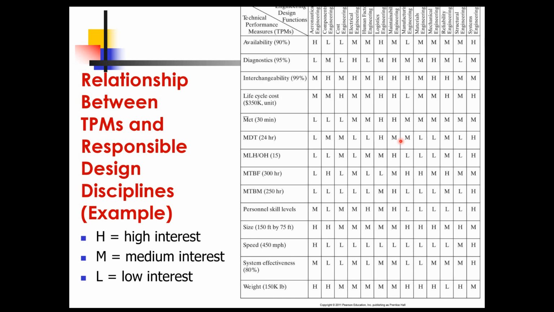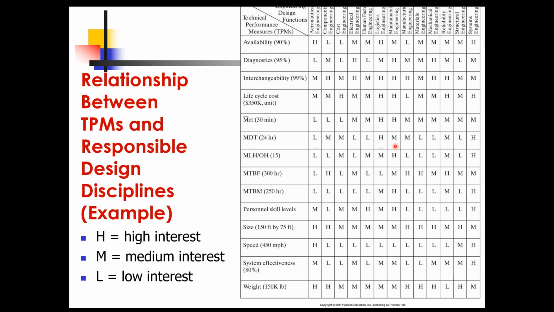Not that you're going to be responsible for any large team right out of school, but you may be part of that team. And if you understand all of this, you can relate and function as a team member in a more effective manner.